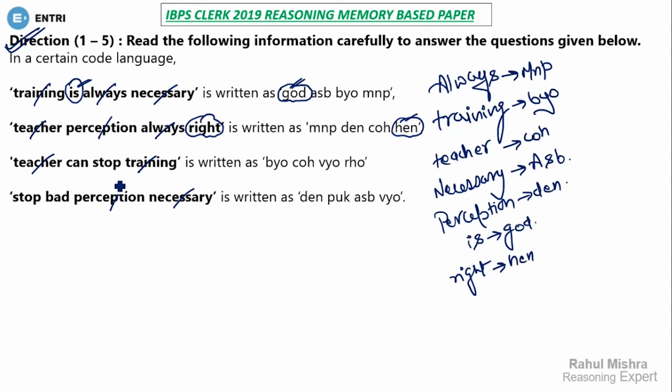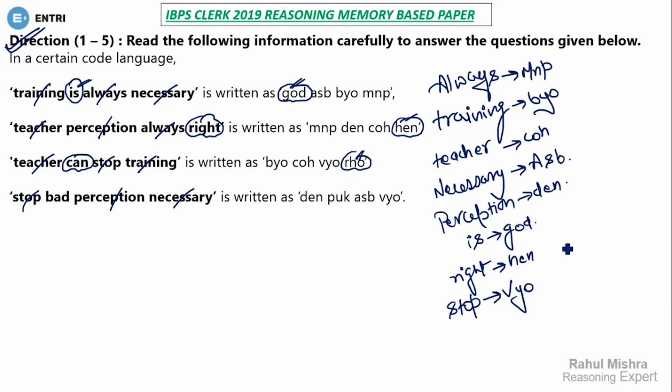In the third statement, which word is left? Can and stop. In the fourth statement stop is also there, so I can easily find the stop code by comparing these two statements. The common code in these two statements is VYO. And can is left, so the can code will be RHO.